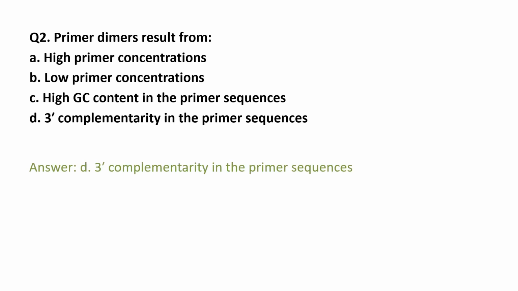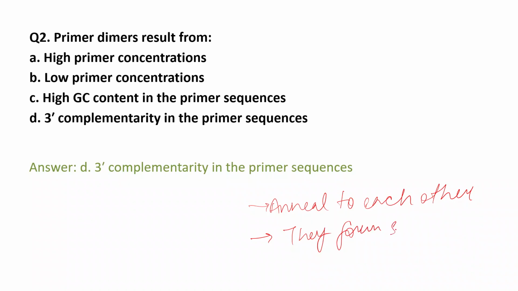So the answer is D. What happens is when you have 3' complementarity, these primers anneal to each other, and they form stable structures.